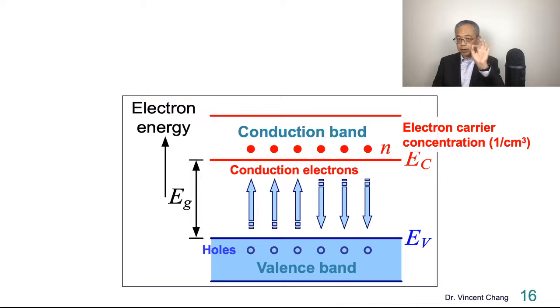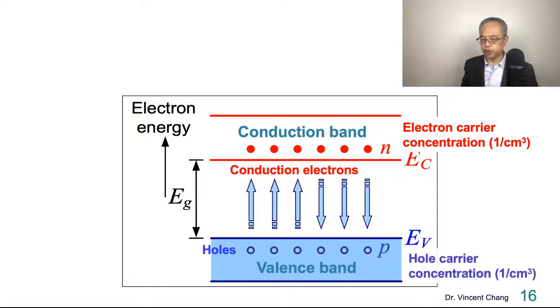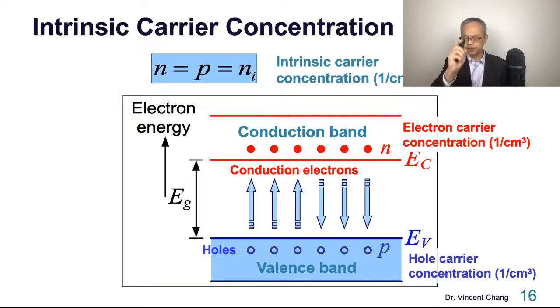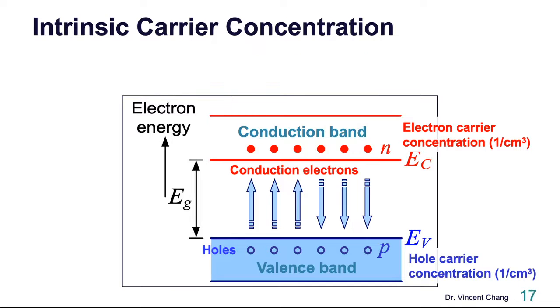So the electron carrier concentration per cubic centimeter, n, should be equal to the hole carrier concentration, p, for the intrinsic semiconductor. And that concentration is called the intrinsic carrier concentration, denoted ni. All right? n equals p equals ni.